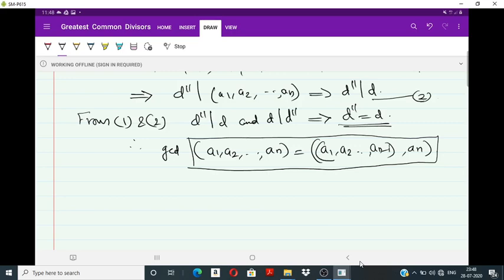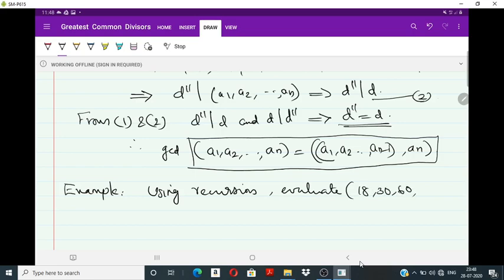So let us look at one example. Using recursion, evaluate GCD of 18, 30, 60, 75 and 132.